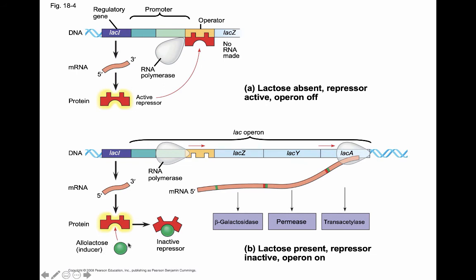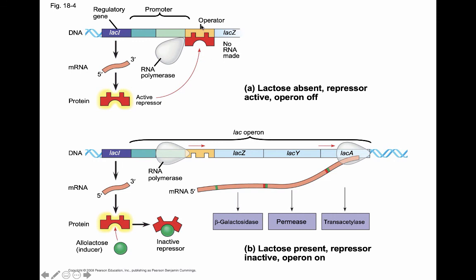Well, if lactose gets into a bacterial cell, some of those lactose molecules would spontaneously be converted into a very similar molecule called allolactose. And if allolactose is there, that molecule binds to the repressor protein, the same one that we talked about up in the first part of the diagram. When the allolactose binds to the repressor protein, it changes shape, and it can no longer stick to the DNA. It can no longer block the operator.